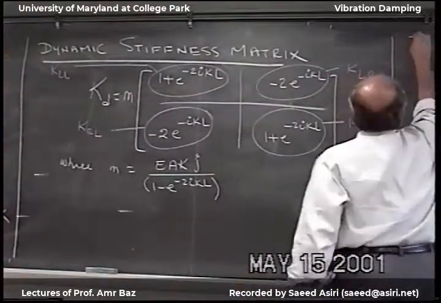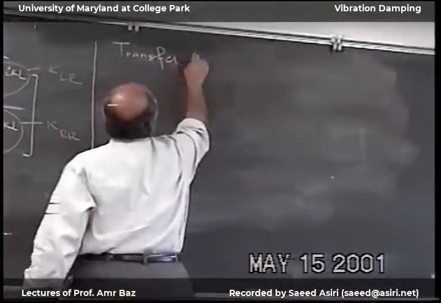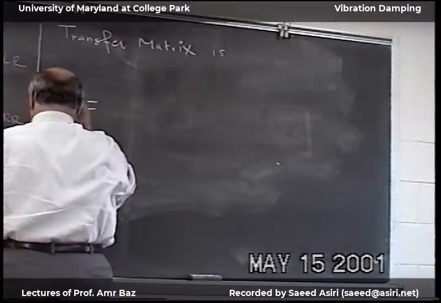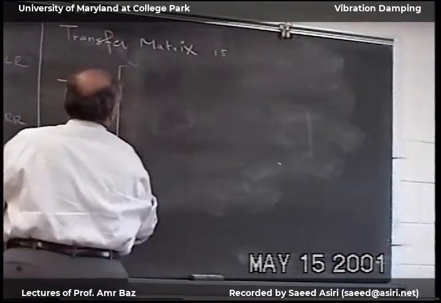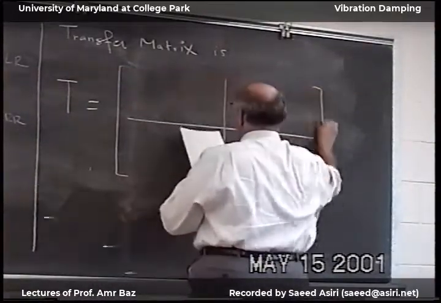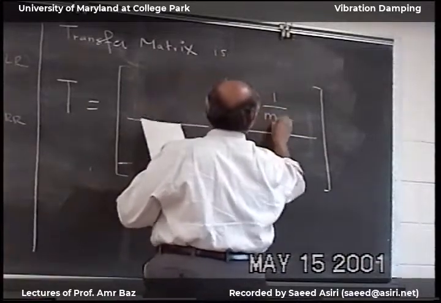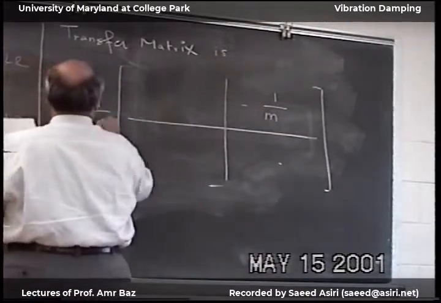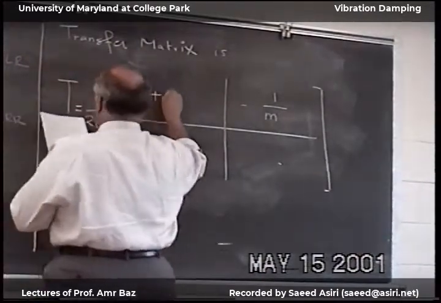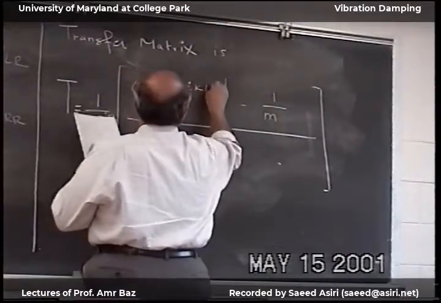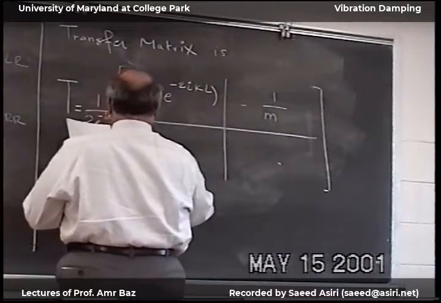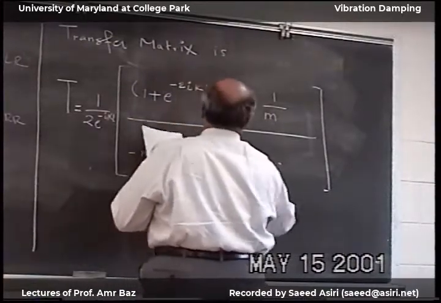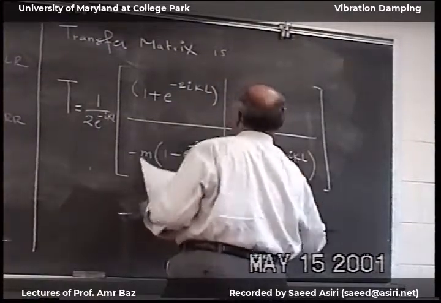The transfer matrix T is equal to minus 1 over m, times a matrix with entries 2 e to the minus ikl, 1 plus e to the minus 2ikl, and 1 minus e to the minus 2ikl squared, and then this is the same, ikl.